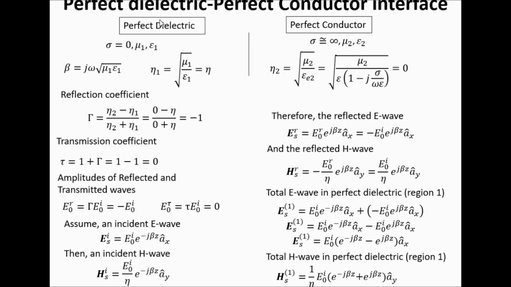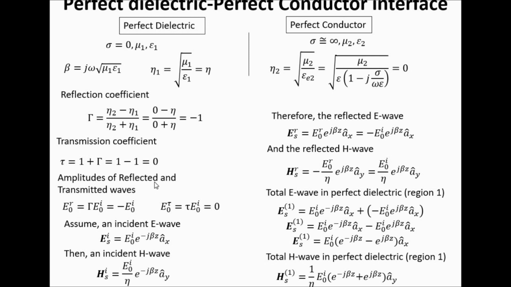This is very obvious: if you have a perfect dielectric and a good conductor, then no field can pass through the conductor, right? As you know, if the conductor is thick enough, no signal can pass through or penetrate the conductor. So all the signals will be reflected back. That's why we got reflection equal to -1 and transmission is 0.